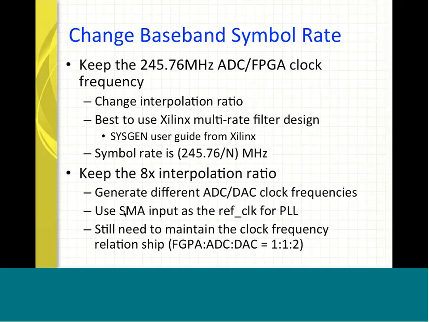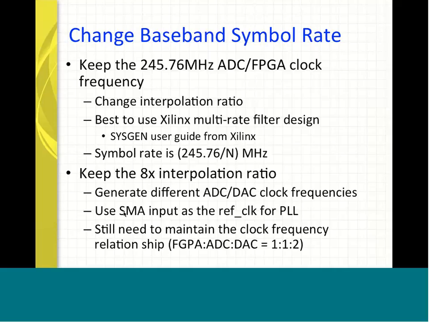In order to do that, you will need to use SMA input as the reference clock for PLL. Recall that by default, we're using the 6144 MHz as our PLL reference clock input. So that's where the 245.76 MHz is generated.